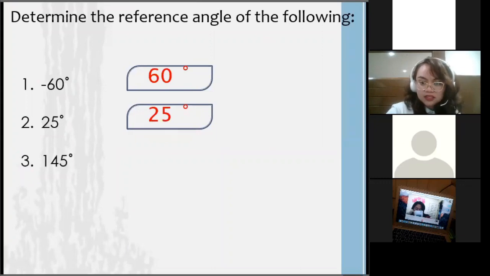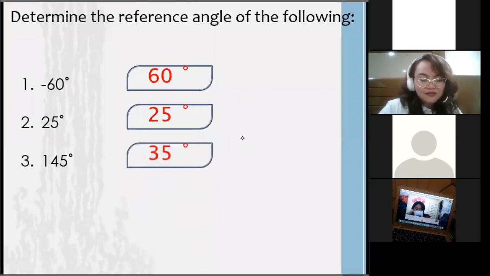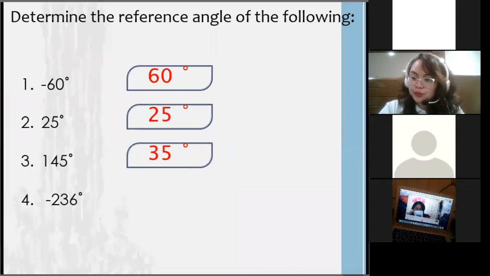How about this? 145 degrees. 35 degrees. Lian, correct. Heart, very good. Item 4, negative 236 degrees. And the time is up.